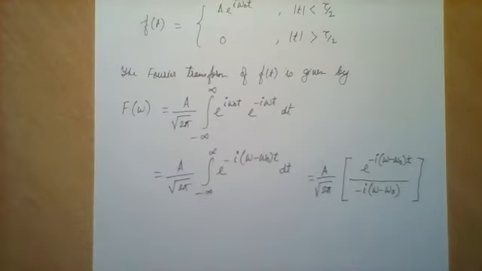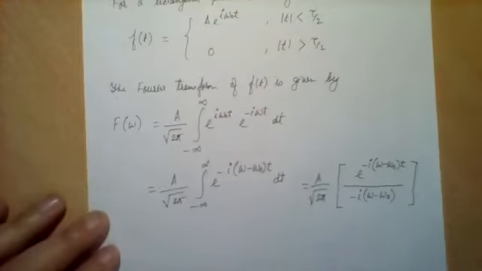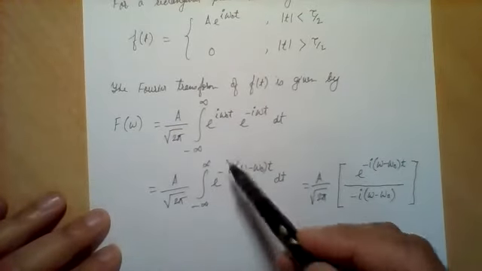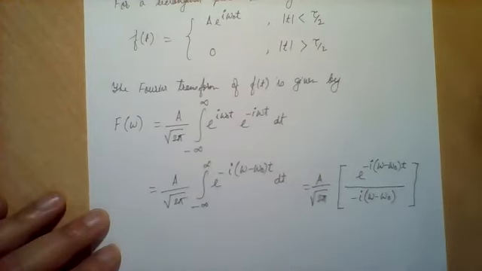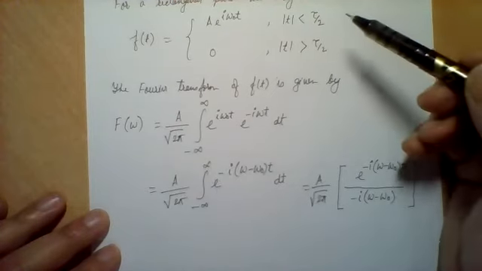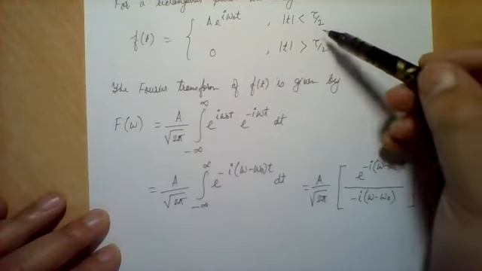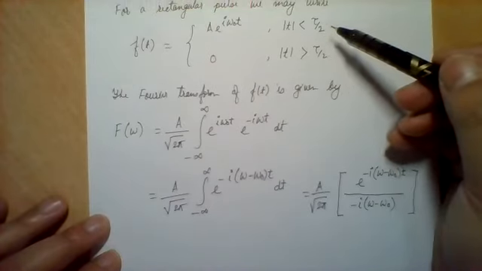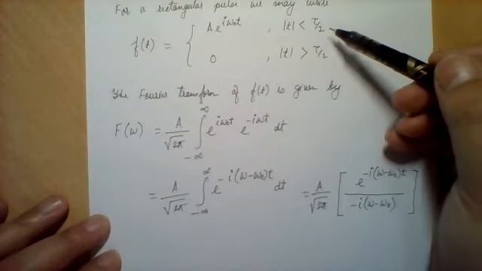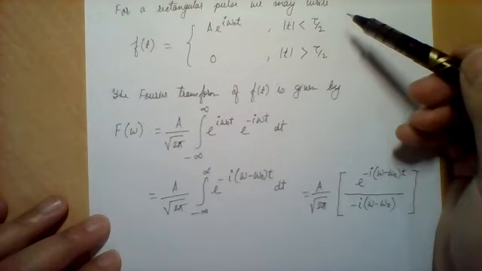Here, I forgot to mention one important thing. We divide the interval from minus infinity to plus infinity into three intervals: one from minus infinity to minus tau by 2, another from minus tau by 2 to plus tau by 2, and third from tau by 2 to infinity.